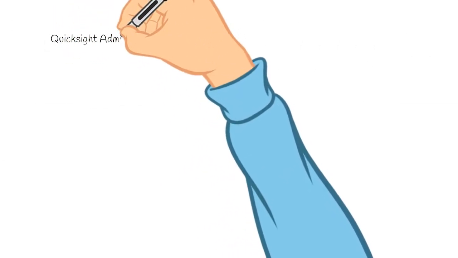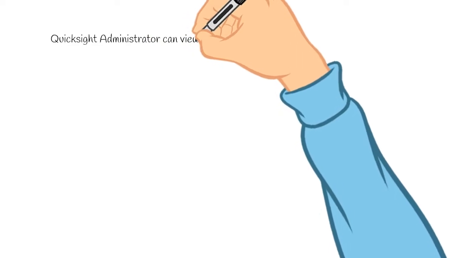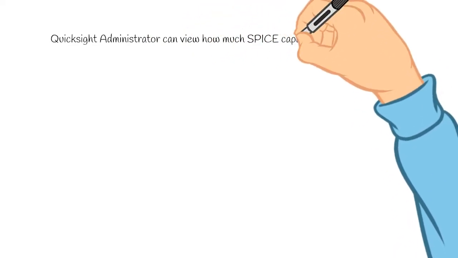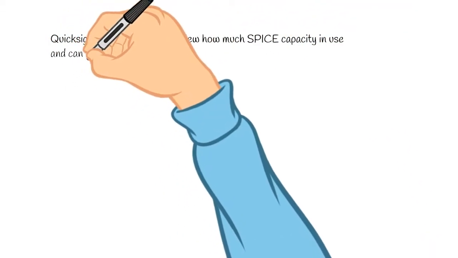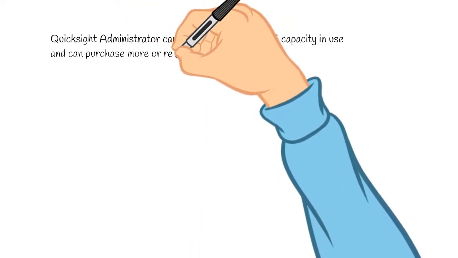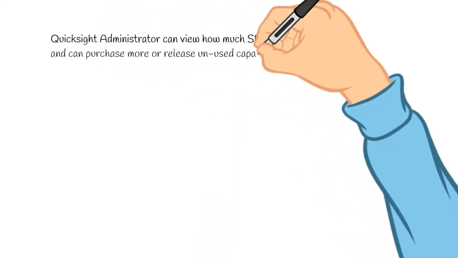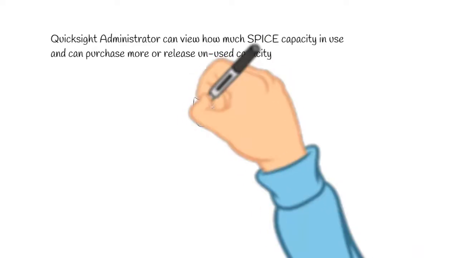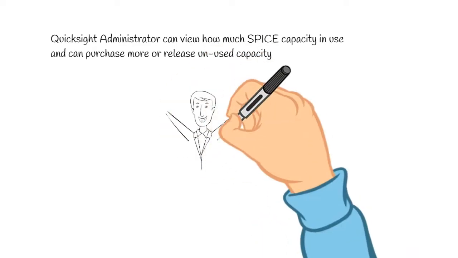QuickSight administrators can view how much SPICE capacity you have in each AWS region and how much of it is currently in use. A QuickSight admin can purchase more SPICE capacity or release unused SPICE capacity as needed.